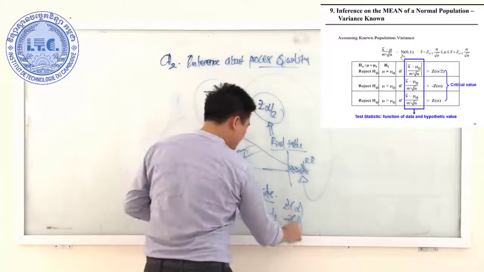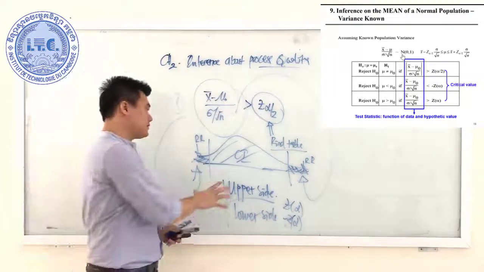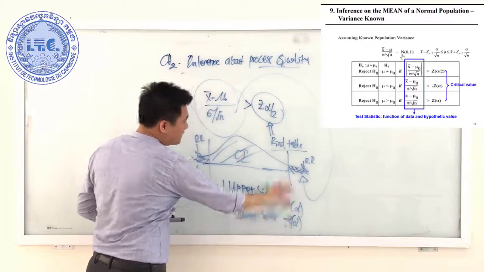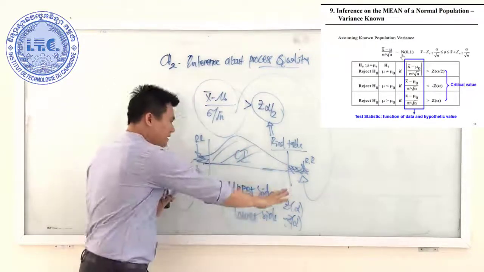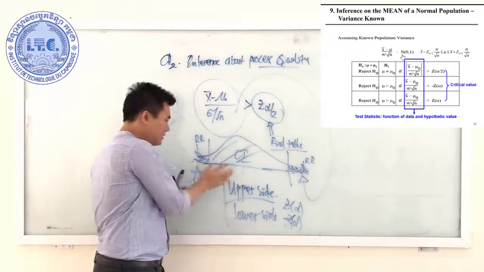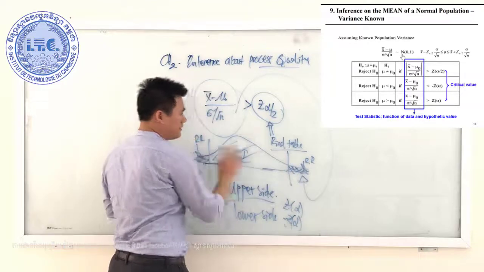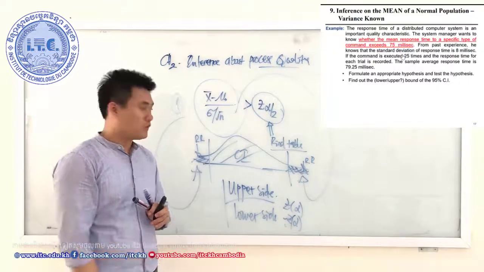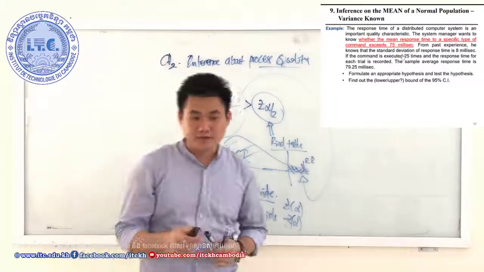This is important. You have to understand: the same calculation of the mean, and then you compare with the reject region, whether it is inside or outside. If inside, it is accepted. If in the reject region, H0 will be rejected. Okay, we continue.